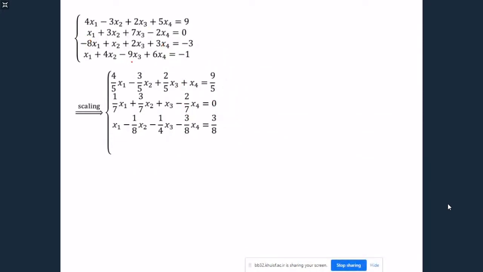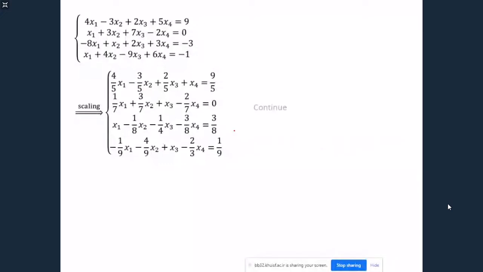And the last one, we have maximum minus 9. We divide the fourth row equation by minus 9, we will have minus 1 divided by 9 x1, and finally 1 divided by 9. This is scaling. Scaling, مقیاس بندی, مقیاس, it's an Arabic word.